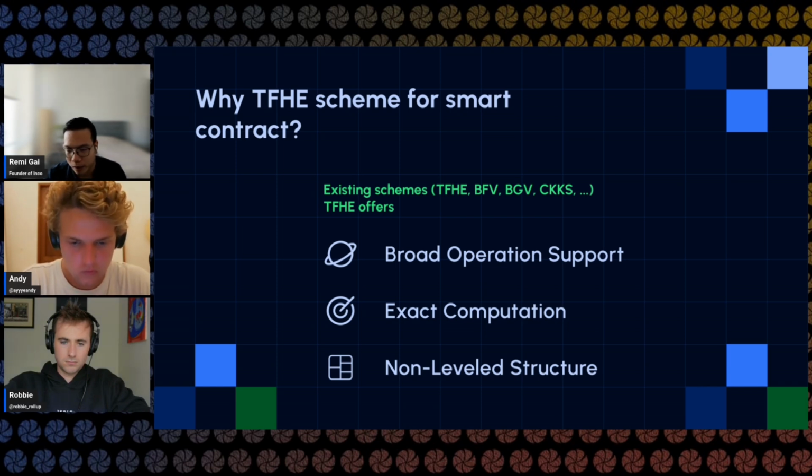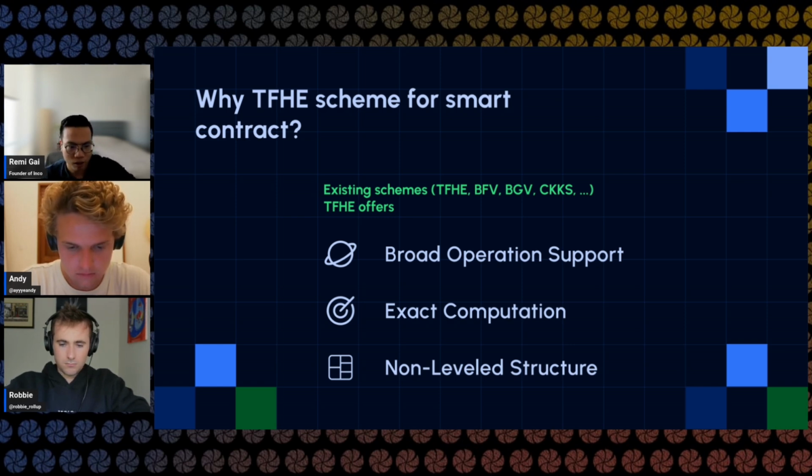But what you also get is basically unlimited depth of operations, right? So you don't have to know ahead of time how many operations you need to do. That also makes sense for smart contracts because the smart contract logic can be arbitrary, right? Some dApps will have longer or shorter logic.